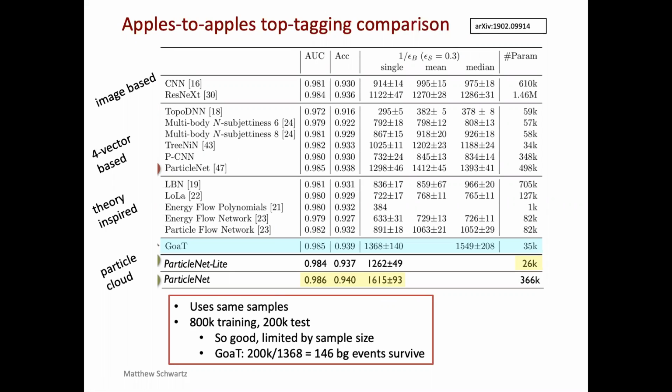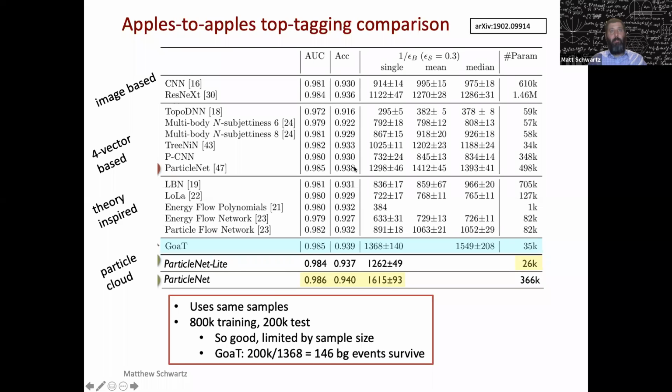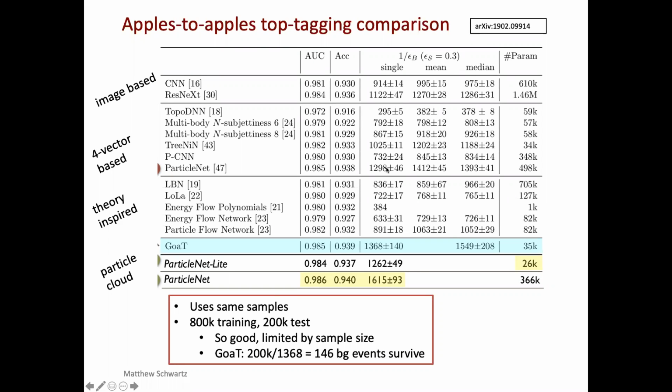Here the best performance is from the particle cloud, ParticleNet. Then one might expect that as a physicist, the machine learning models inspired by theory might show the best performance, but the result is not.